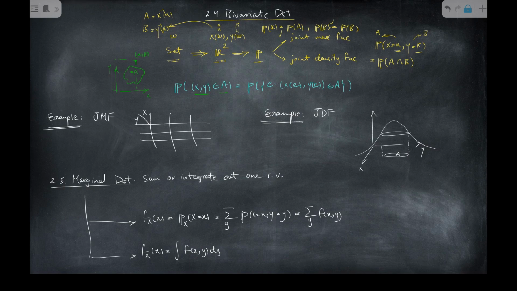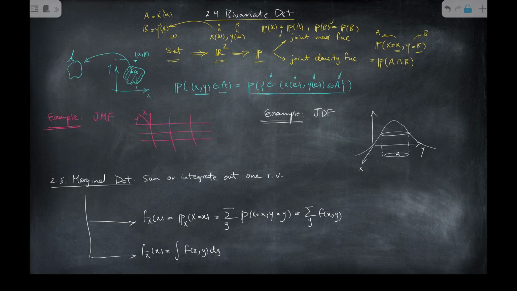For each point in this area, I go back and find the corresponding part of the sample space. Let's call it calligraphic A, for example, and then compute that probability. This is the mathematical way of writing it: I'm looking at any events for which, if you map that event by X and map that event by Y, you get a point in this area.